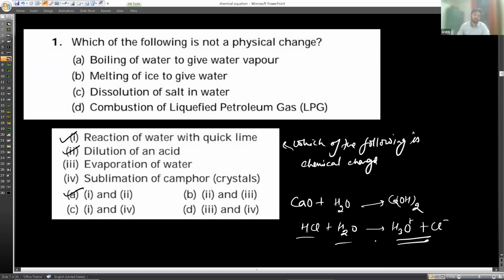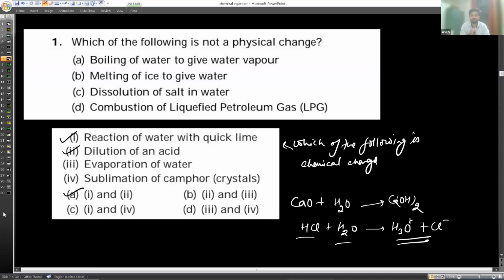However, if I'm talking about the sublimation of camphor, sublimation means a substance changes from solid to gas directly without going into the liquid state. For example, dry ice goes directly from solid to gas. It is still carbon dioxide, solid before and gas after. It is not changing.